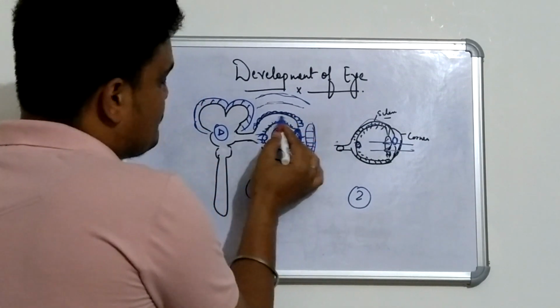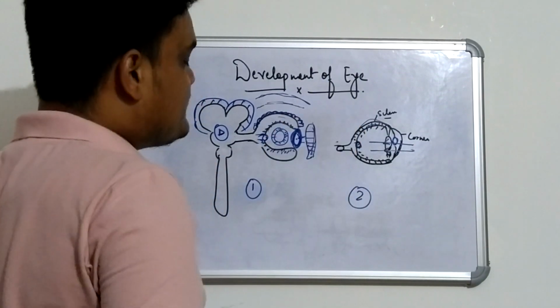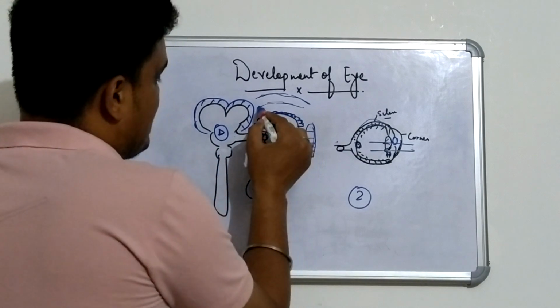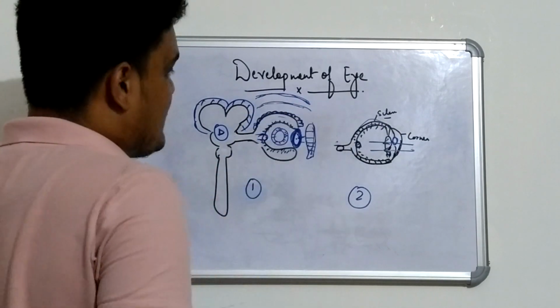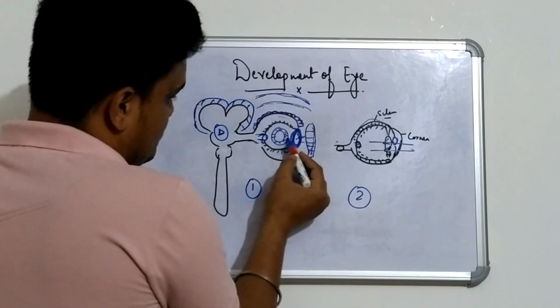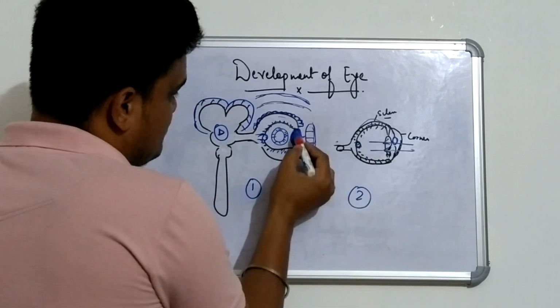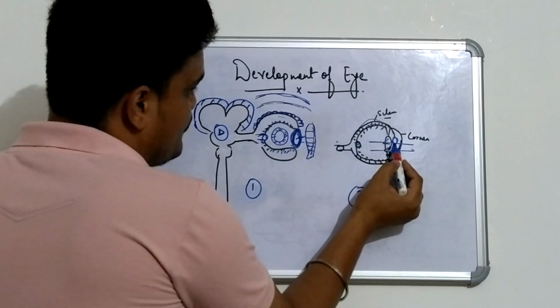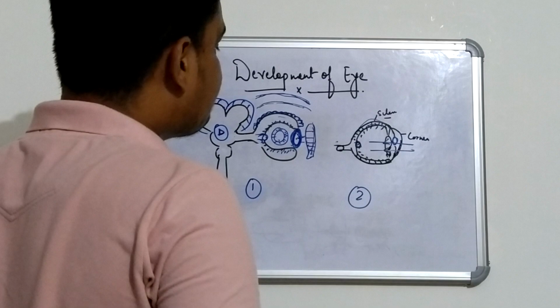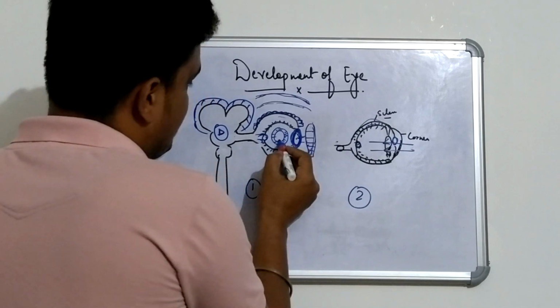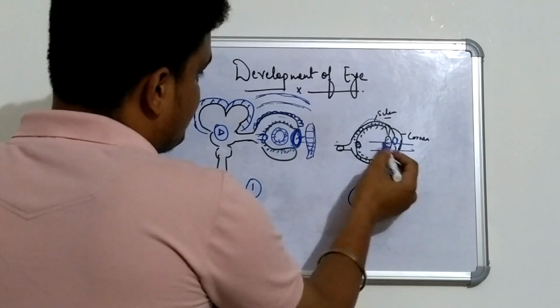The outer portion will form an outer retina or pigmented area, after which the above areas are a choroid and the sclera, and the aperture in between will form a pupil later on with a formation of a lens here in the center part.